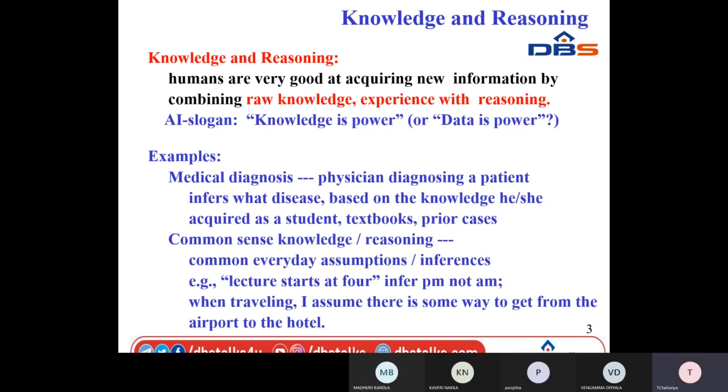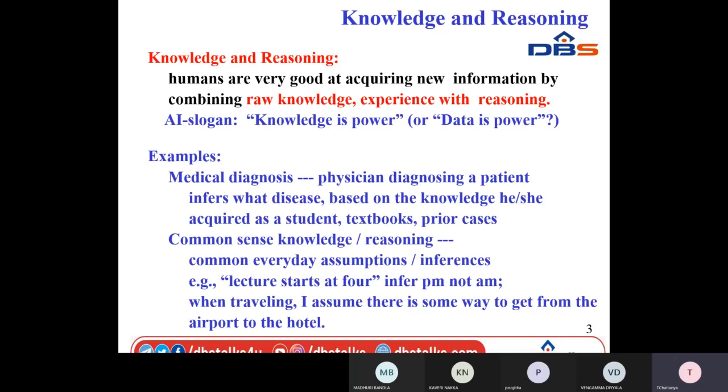In such a way, humans are very good at acquiring new information by combining raw knowledge and experience with reasoning. Artificial intelligence's slogan is that knowledge is power, data is power.